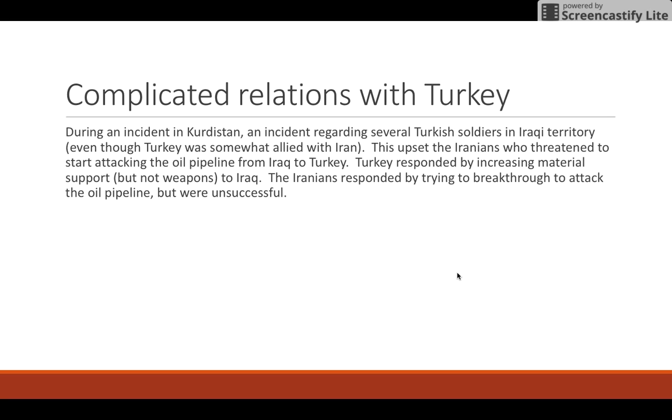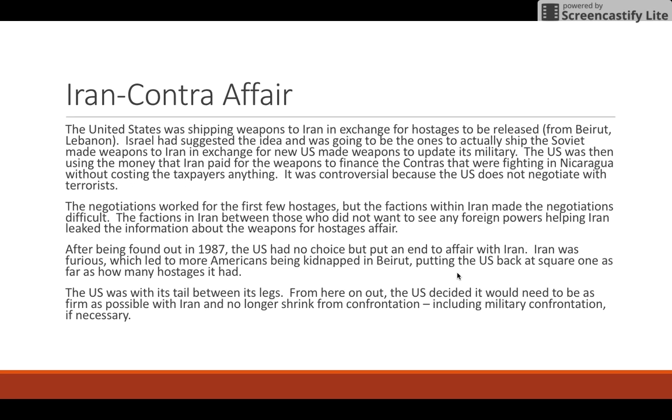Because of this, Turkey thumbed its nose at Iran, and it responded by increasing material support to Iraq. So they would give them more clothes, more food, etc. The Iranians responded by trying to break through to attack the oil pipeline, but they were never really successful. Otherwise, Turkey remained neutral during the war.